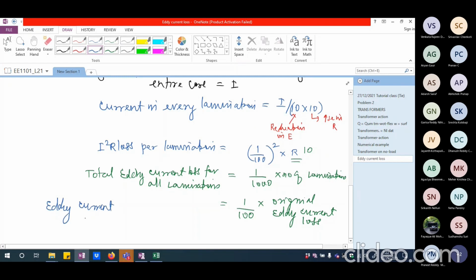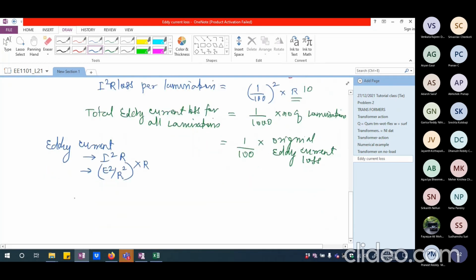So the eddy current losses are normally I square R losses that are happening, which means this is E square divided by R square multiplied by R. This is the kind of thing we are going to see. And E is proportional to frequency.